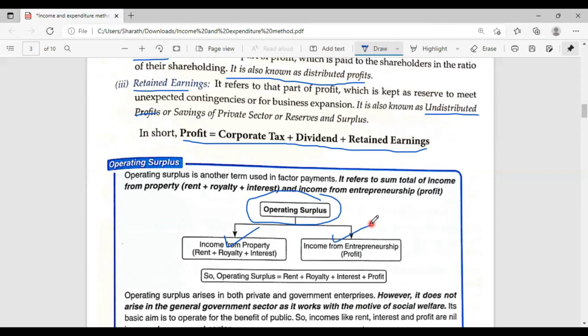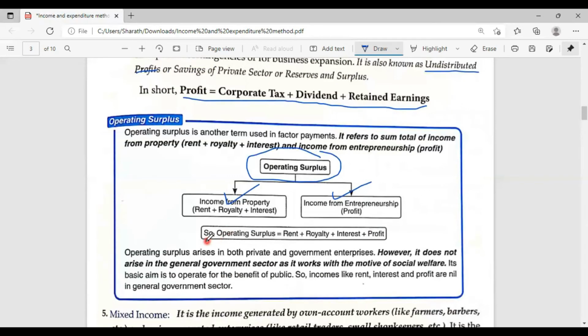When you add rent, royalty, and interest of households, we get income from property. When you add the profit of an entrepreneur, we get income from entrepreneurship. So when you add both together, we get the value of operating surplus. Operating surplus is equal to rent, royalty, interest, and profit.